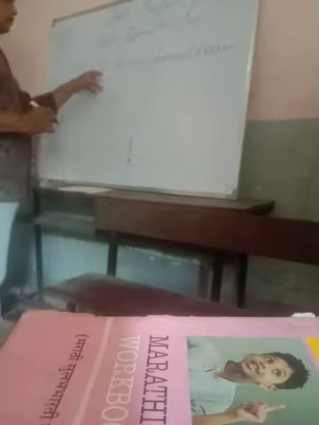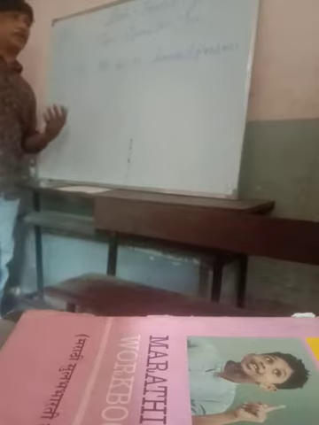So look at the sentence first of all. What is that? He is an honest person, right? So what you need to do when converting it into a question tag, you will have to write this sentence as it is. After that, give a comma, then you write the question tag in a contracted form as I gave you in the formula.